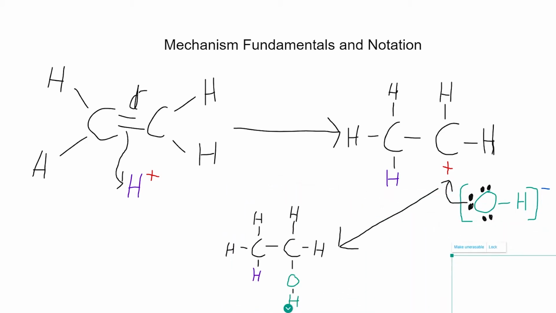And so we would get an alcohol. Notice how the lone pairs on this oxygen atom were shown with a pair of dots. You now have a basic understanding of how we draw mechanisms.